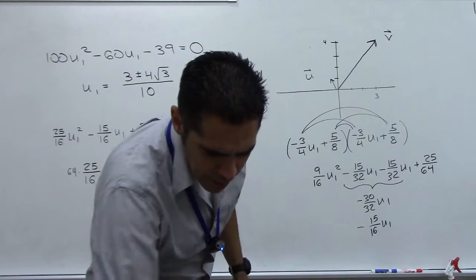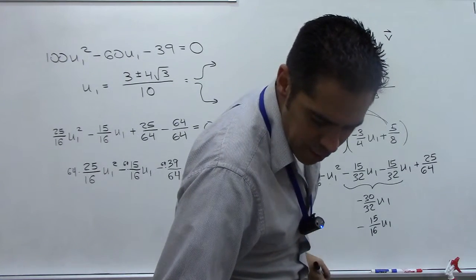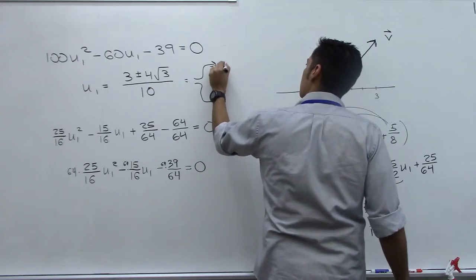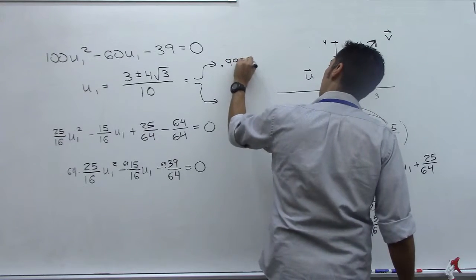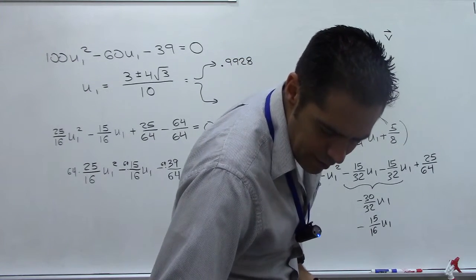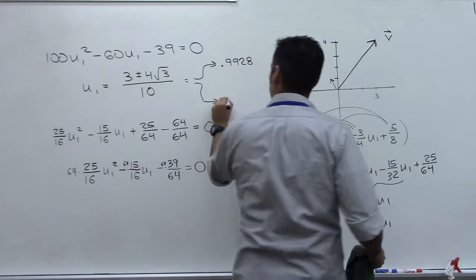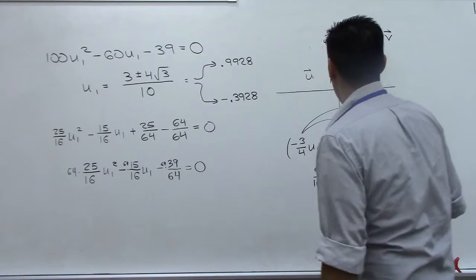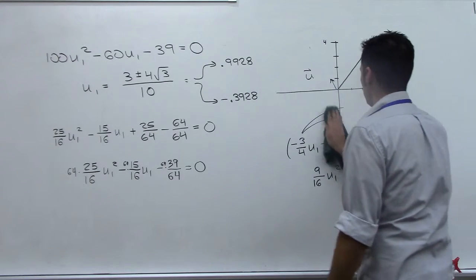One answer, converted to a decimal, is 0.9928. And if you convert the other one using subtraction, negative 0.3928. So that's what your u1 should be.